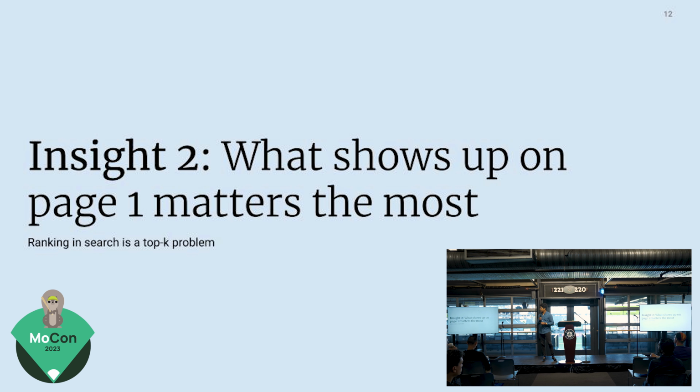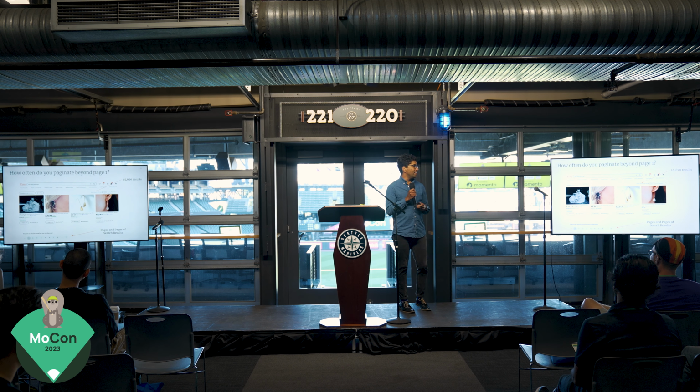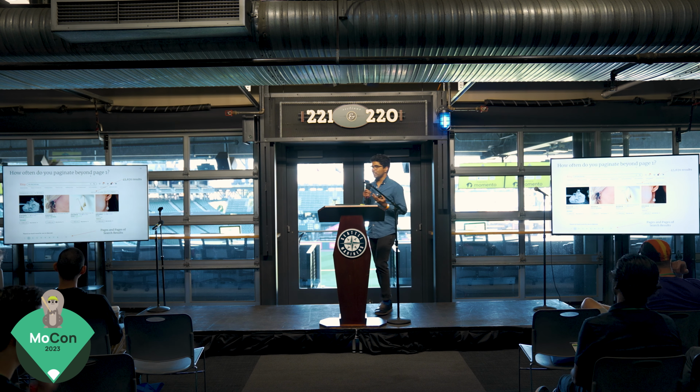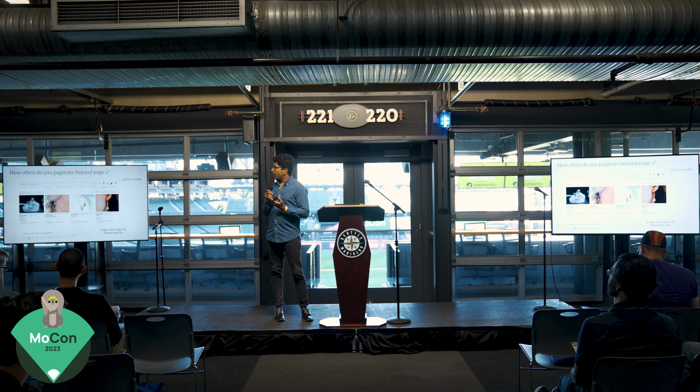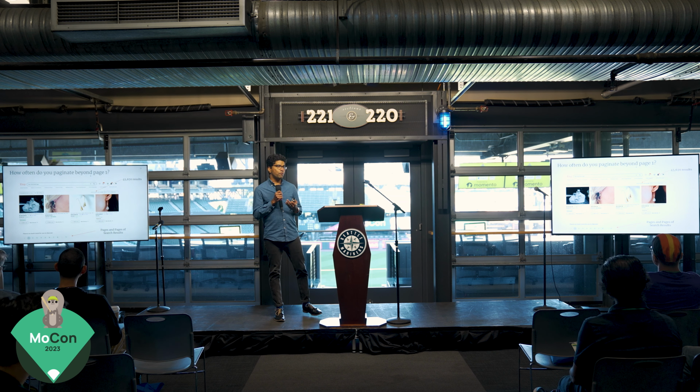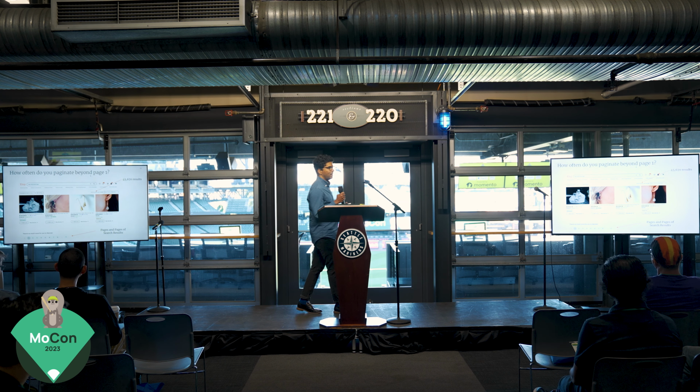The next step, which takes us to the next insight, is that what shows up on page one matters the most. The other way to say it is that what shows up on any other page is just gravy, because nobody cares. And the best way to have this insight is to go back to the example where you search for teardrop earrings and get 45,000 results.